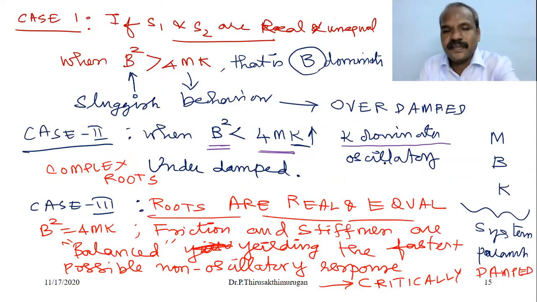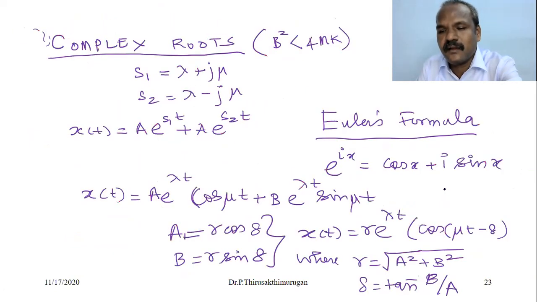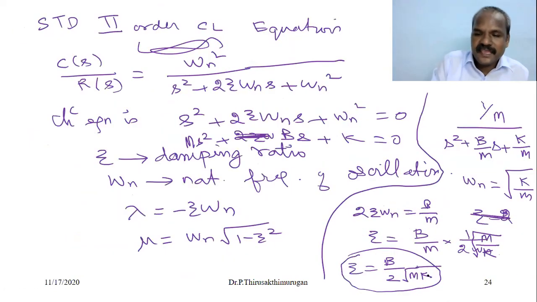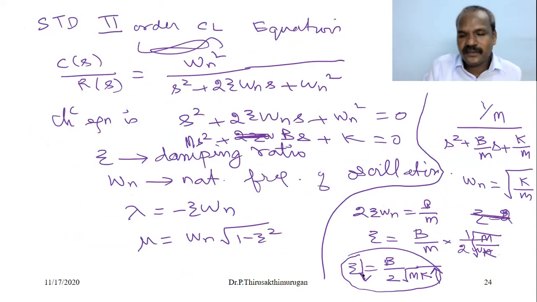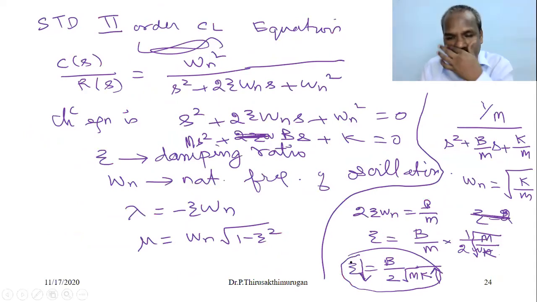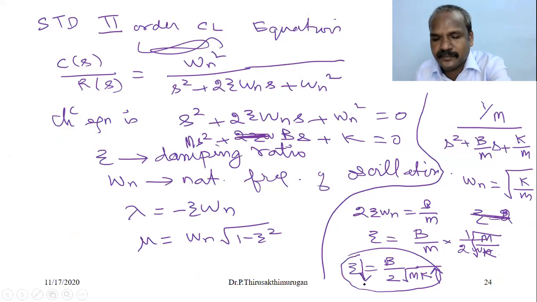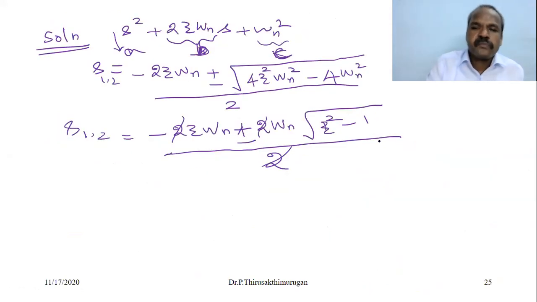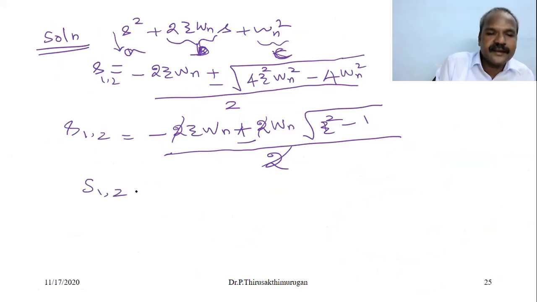When k is dominating, what happened to zeta? Zeta is less. So that's why it is underdamped. So here for an underdamped system, this should be modified.